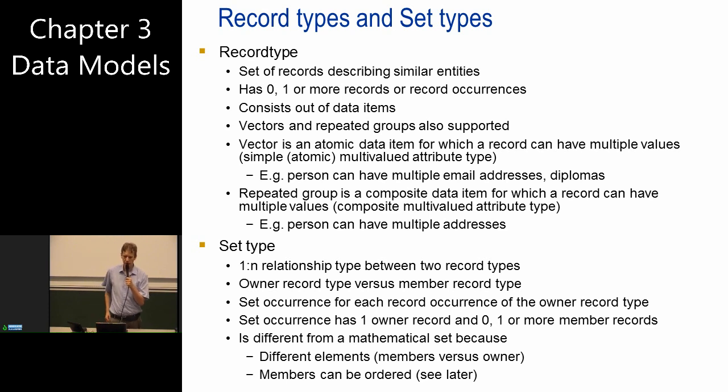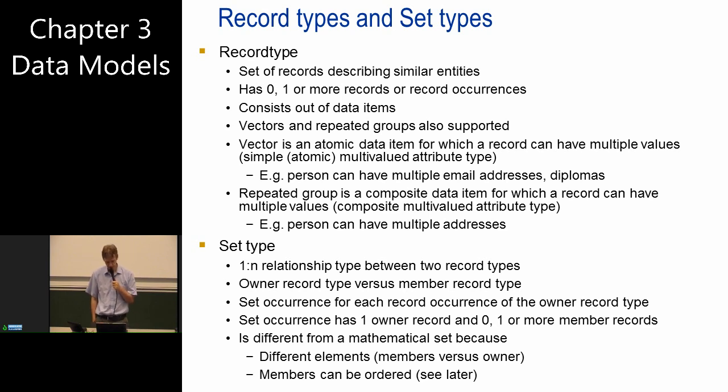If you contrast that to a pure mathematical definition of a set, a pure mathematical definition of a set says that in a set there's no order and all elements are similar. Well, here, not all elements are similar because you have a department element and you have then employee elements. You have marketing with all the employees, you have finance with all the employees. This basically constitutes one CODASYL set, but it has different members, so it's not according to the strict mathematical rules of implementing a set.